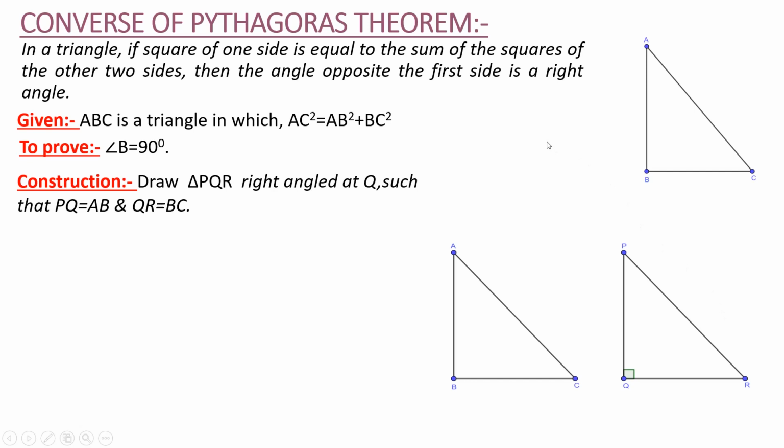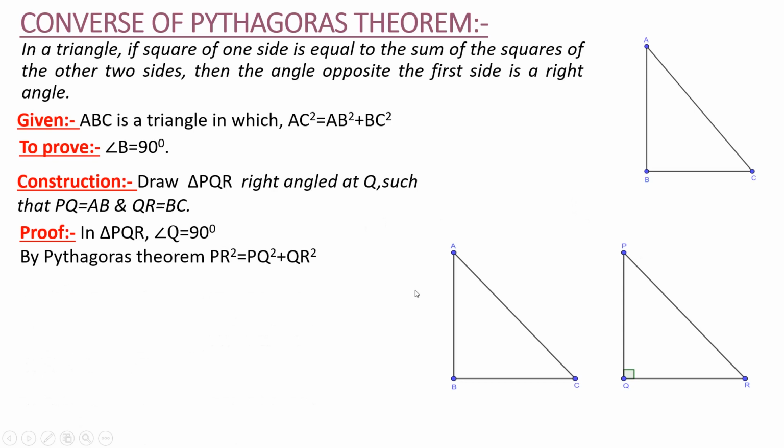Let us move on to the next step, the proof. In triangle PQR, we already know that angle Q is equal to 90 degrees. If angle Q is equal to 90 degrees, then triangle PQR is a right triangle. If it is a right triangle, then we are able to apply Pythagoras theorem to this triangle.